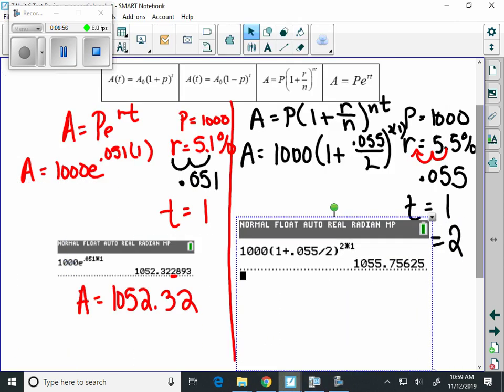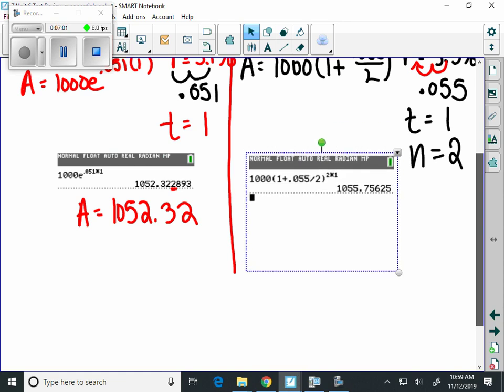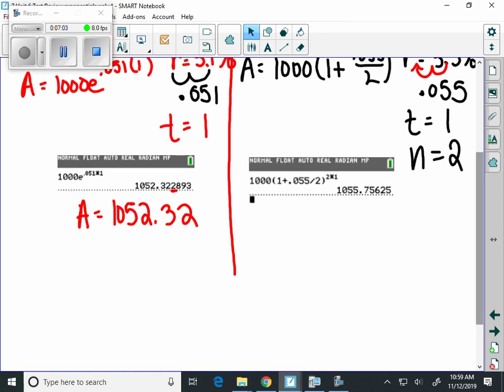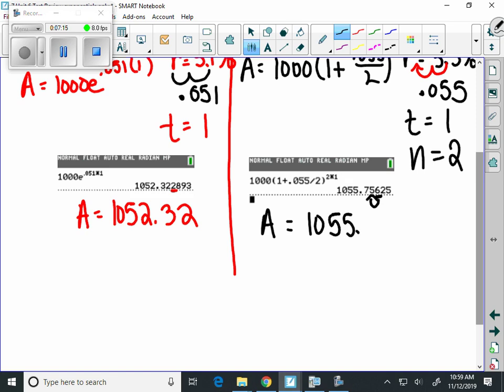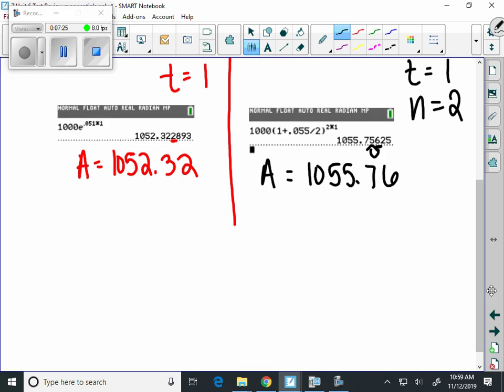And as we scan this one in here, our answer, once again, we need to look at the 6 to determine what to round our 5 to. So our value is going to be 1,055.76. And remember how much money he needs. He needs to have $1,055. So this is the better option.